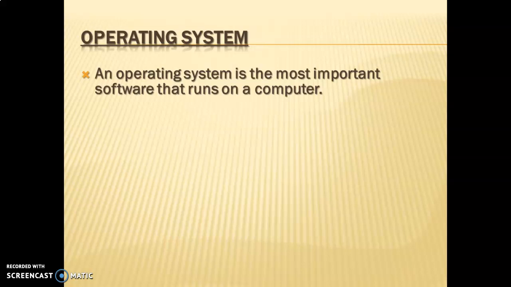And what is the example of operating system? Windows, Android. Your entire smartphone works on the Android operating system, and the Windows also. In your laptop, in your desktop, which software do you install? Windows 10. So Windows 10 is an operating system.